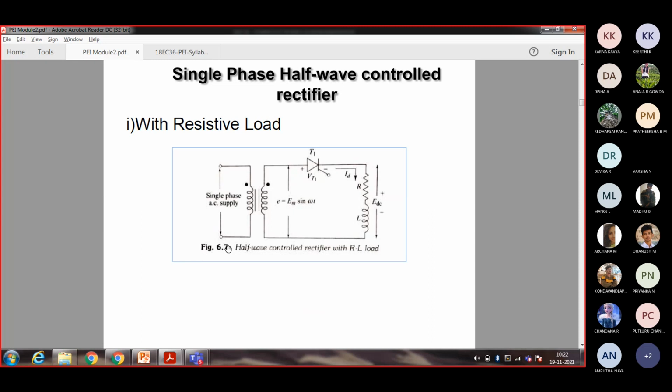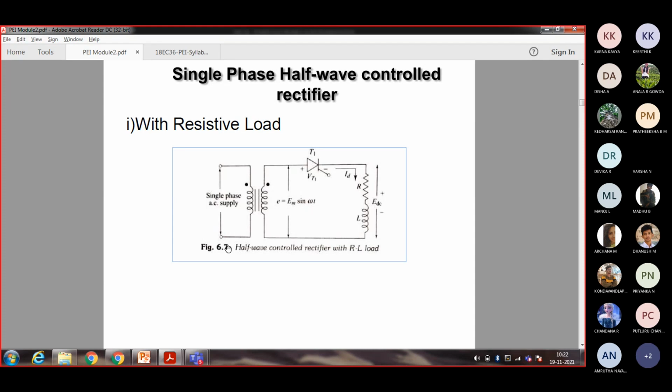We know what a rectifier is. We have studied the rectifier, and we have executed the rectifier in the lab, but that was using a diode. The same experiment we are now conducting using a thyristor, where I need to control a single phase controlled rectifier. We need to control the signal over there.